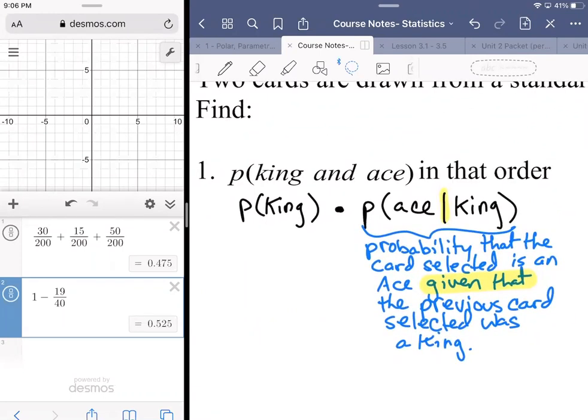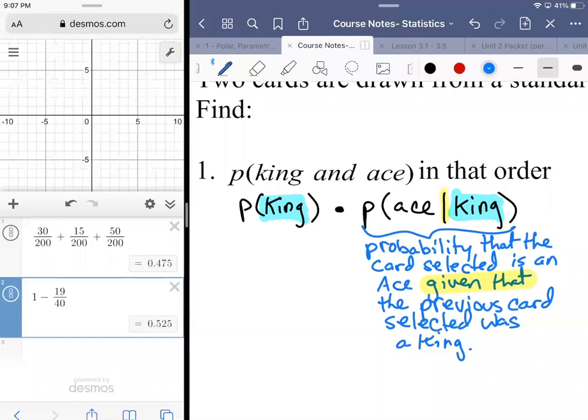All right. So that's what that notation means. Probability. Oh no, I was worried that I wrote it backwards. Yeah, probability that the card selected is an ace, given that the previous card selected was a king. So what's happening here is we're tying this outcome to this outcome. We're assuming success.